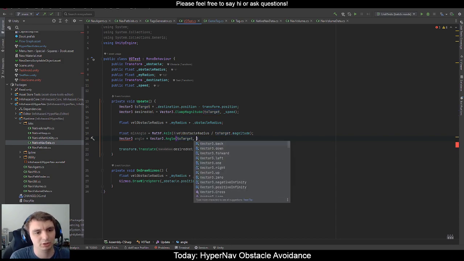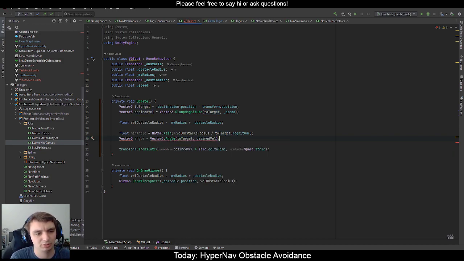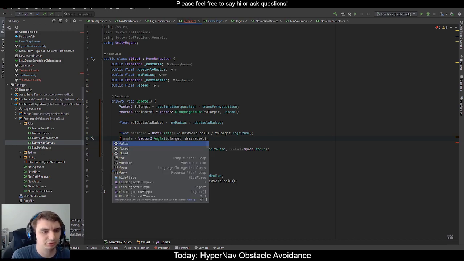So toTarget and desired velocity. Oh, this is not a Vector3, it's a float.